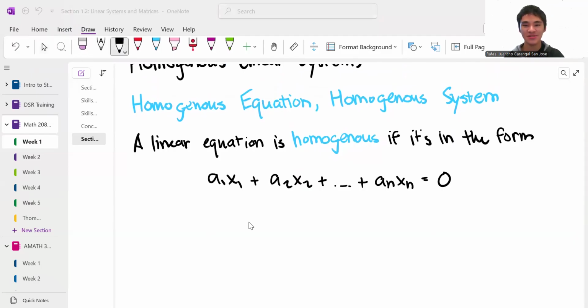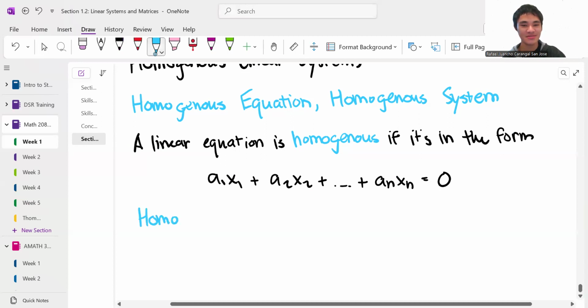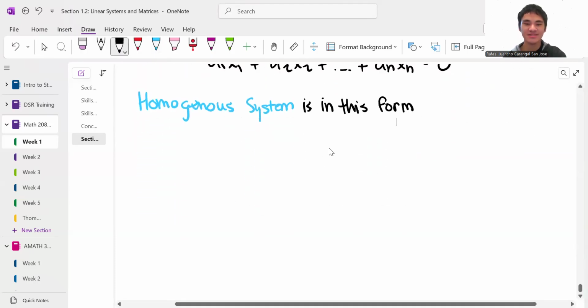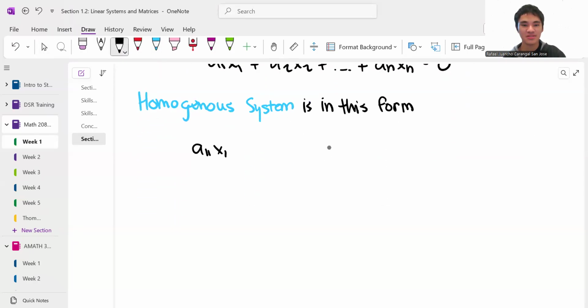Now, what's a homogeneous system? What do you think? Well, it's made up of homogeneous linear equations, and they're all equal to 0. So a homogeneous system is in this form. I'm just going to write out the form. This is a sub 1,1 x sub 1, a sub 1,2 x sub 2, my bad. We'll learn about these indices in a bit.